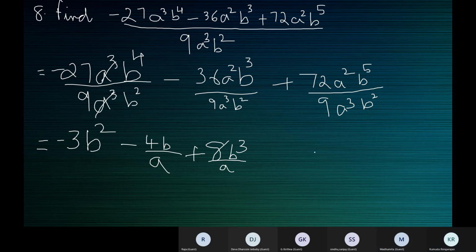If you have a to the power minus 3, write it as 1 by, bring it to the denominator, the power will become positive. Ma'am, a power minus m is equal to 1 by a power m. Correct, that's the rule. A to the power minus m is equal to 1 by a to the power m.